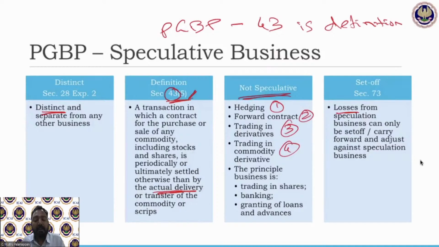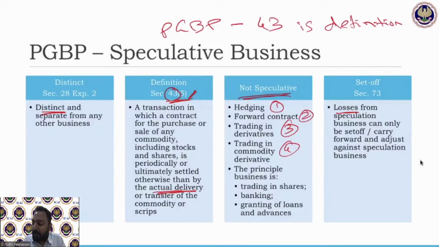So if you are dealing in these businesses, then these are not speculative. Though there is no actual delivery here, it is still not speculative. So income tax has specifically stated hedging, forward contract and derivative. Hedging, forward contract and derivative are actually not speculative businesses, though there is no actual delivery. So that's what it is.